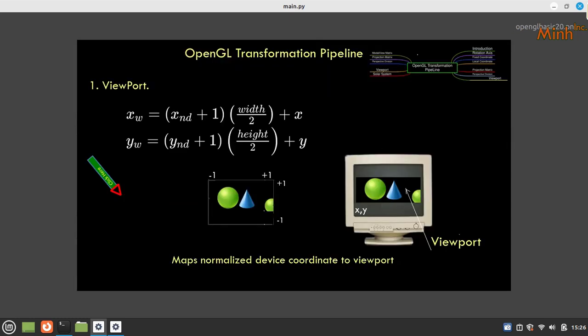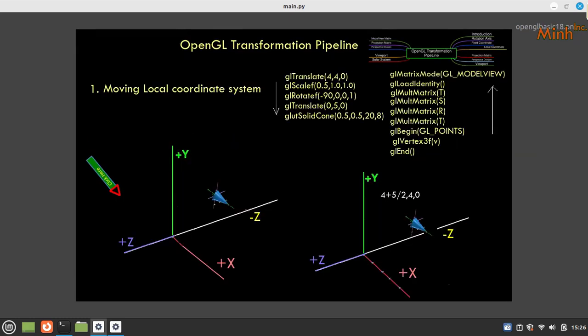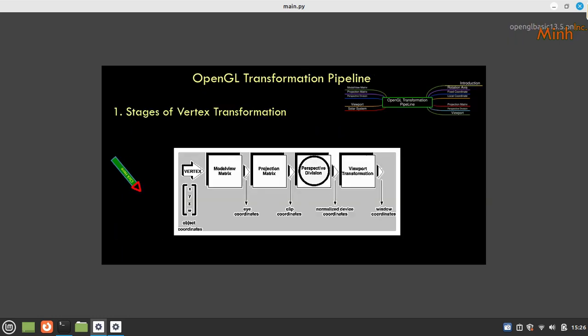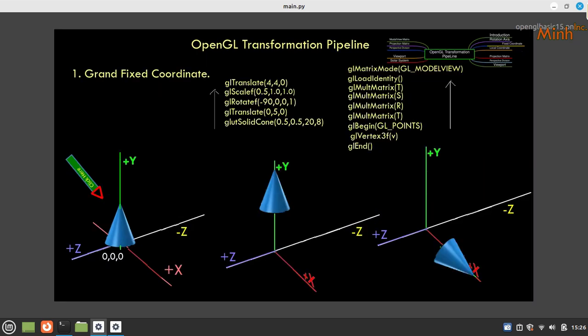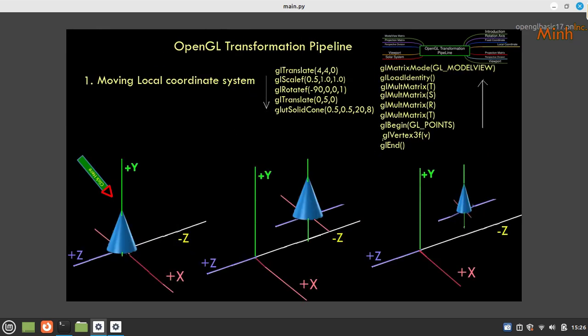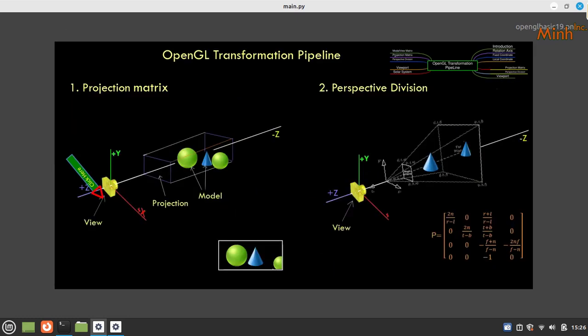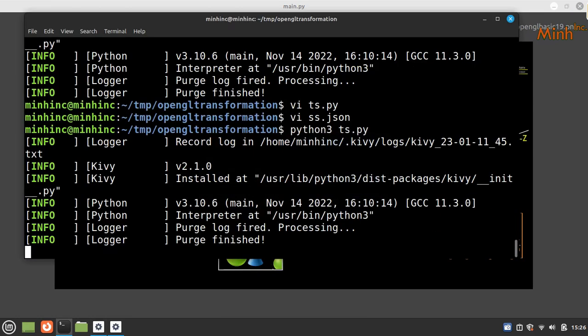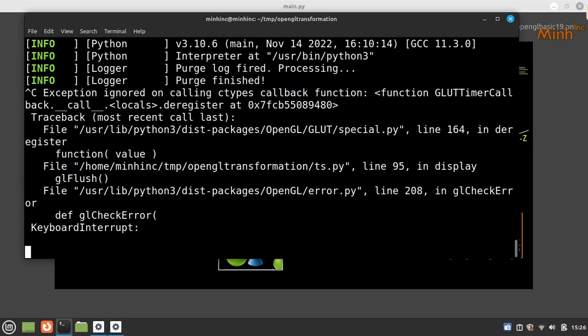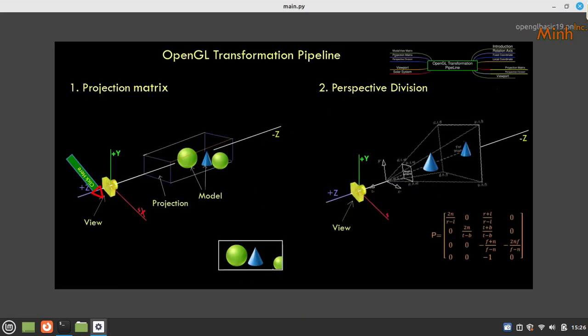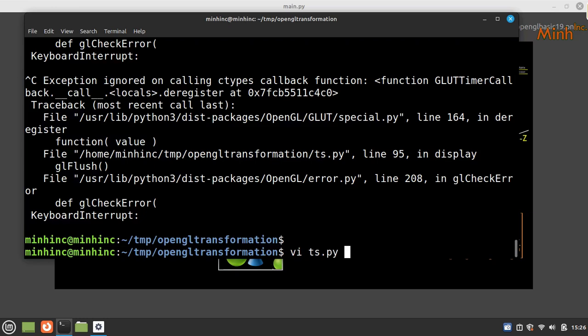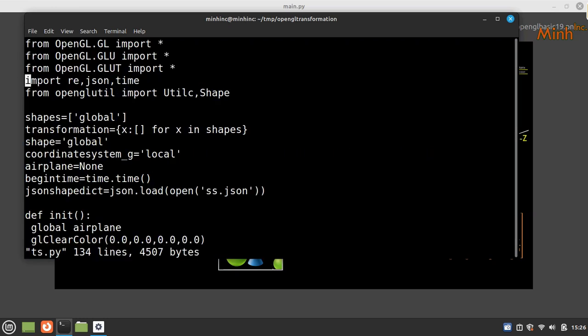Okay, so in the theory part we saw the very interesting pipeline and the global fixed coordinate system and the local coordinate system. Whatever we are following, as we saw in the code, the global one is fixed and the local coordinate system moves.